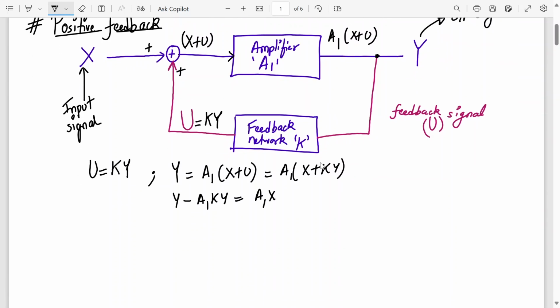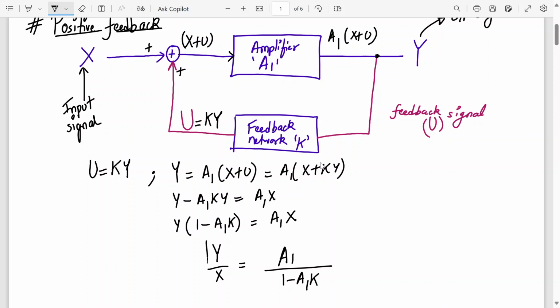Yes or no? So I'll take Y common, (1 minus A1K) Y is equal to A1X. So what will be Y by X? Y is my output upon input. The output upon input of the system is called the transfer function. So this is A1 divided by 1 minus A1 into K. Are you understanding?